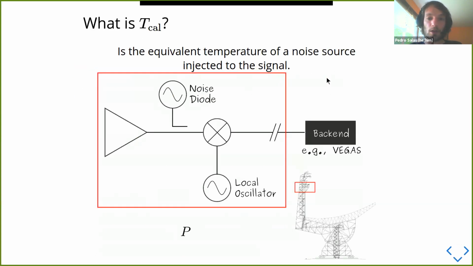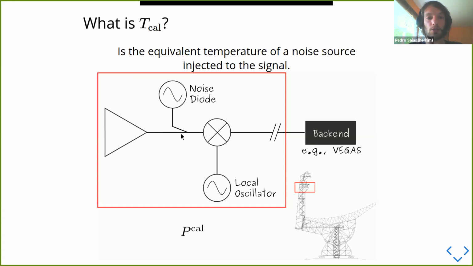I also talked about this noise diode, this calibrator temperature that's in some of your measurements. Well, that's basically if you have the front end of the telescope, and you have the signal coming in from here, and you got your first stage of amplification.